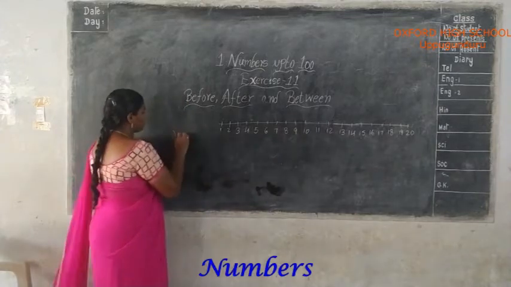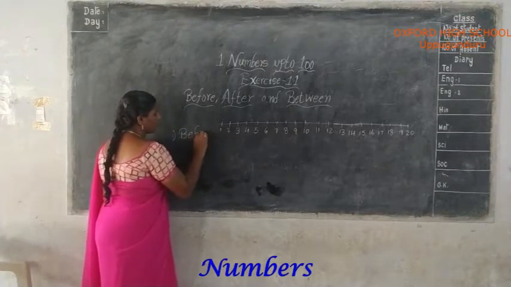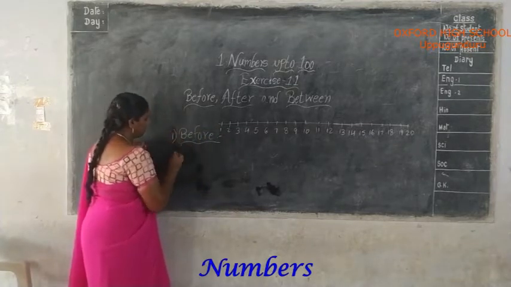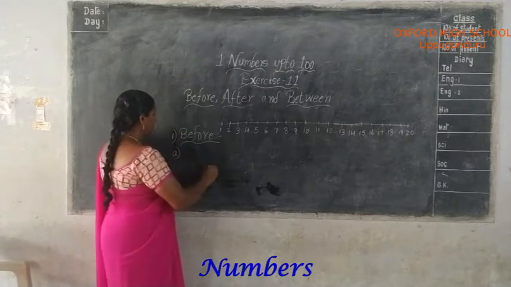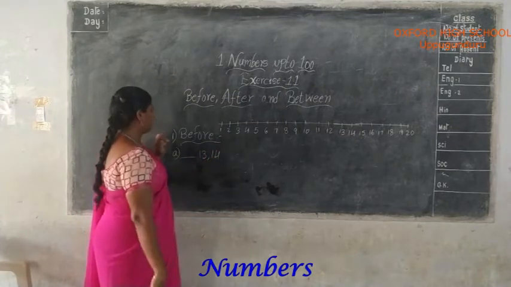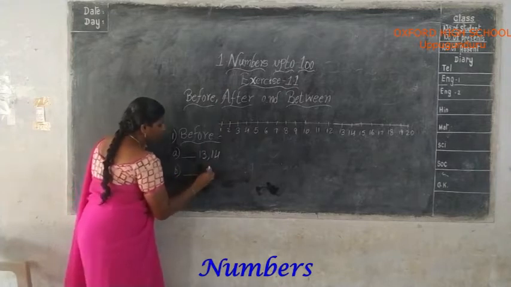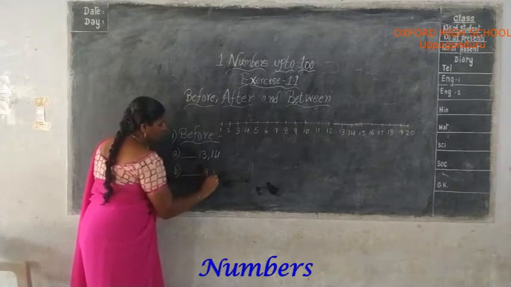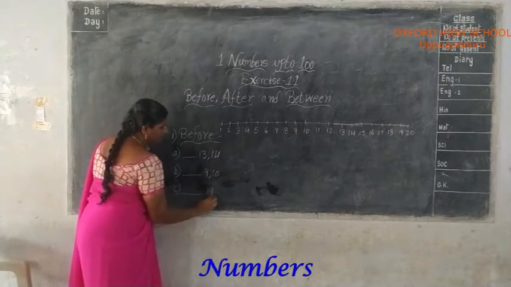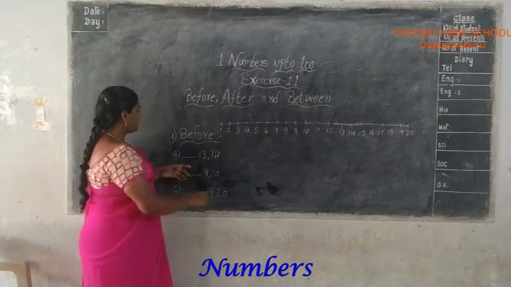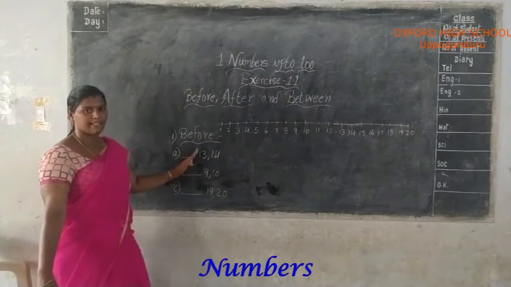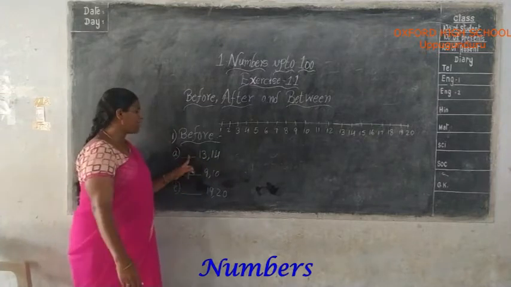Here first, before. Example: 13, 14. Here, before. Here first we gave a dash, after 13, 14. Before 13 and 14, which number is there?